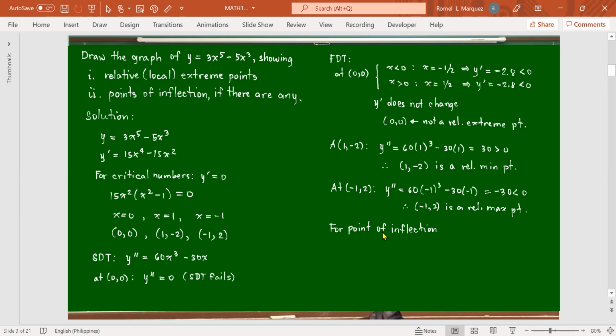We will get the value of x corresponding to the point of inflection. So y double prime equals 60x cubed minus 30x equal to 0, factoring out 30x. Am I correct, guys?